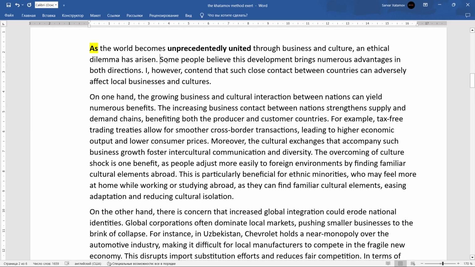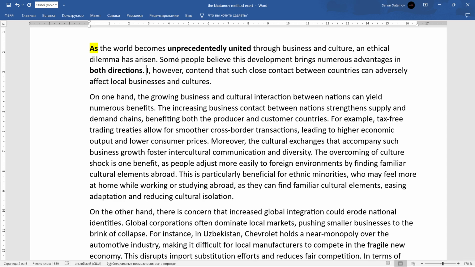Some people believe. Now, listen, this is where it gets even more interesting. Some people believe that this development brings numerous advantages in both directions. So, in both directions, right? It means both for producer and the buyer and whatnot, simply.